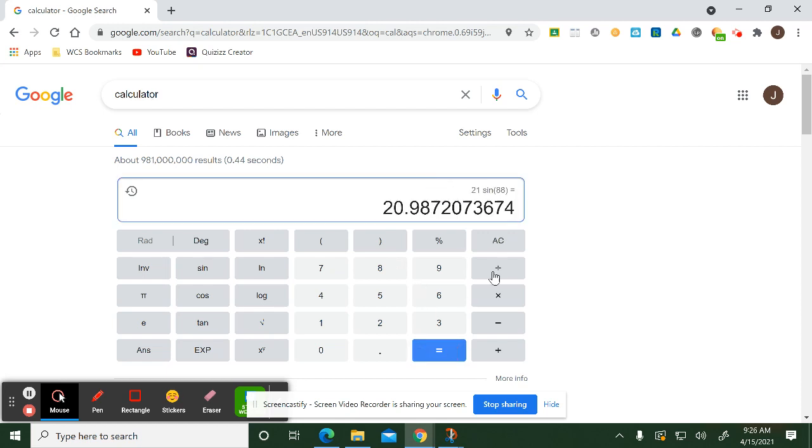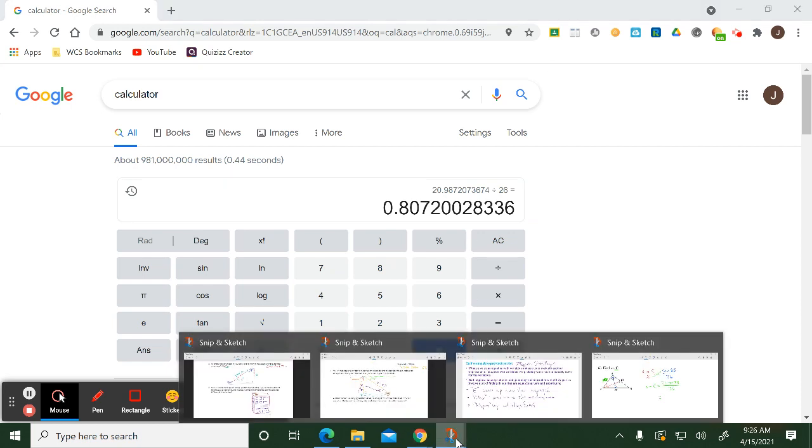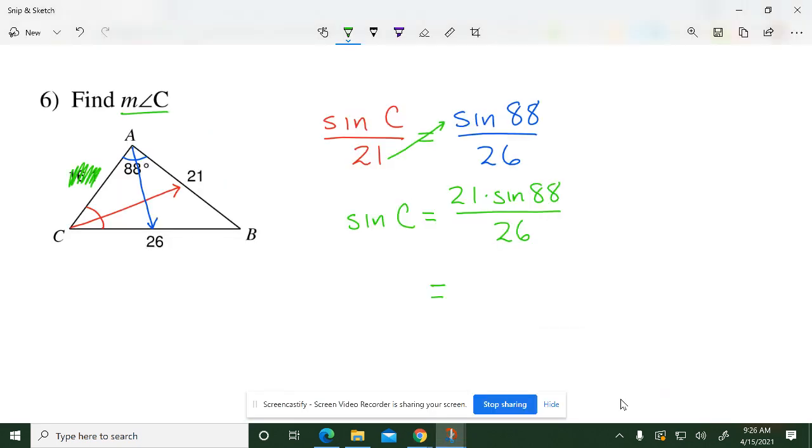Then I divide it by 26. And that gives me this long decimal, about 0.807. So I'm going to jot that down. 0.807. That's about what that is.